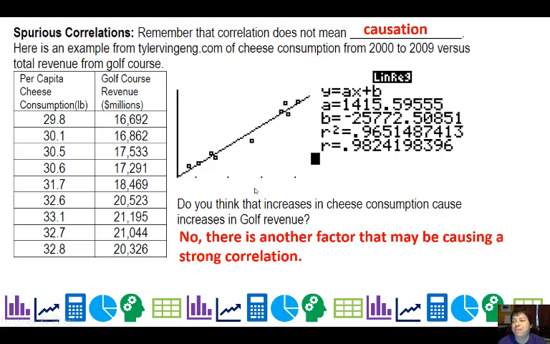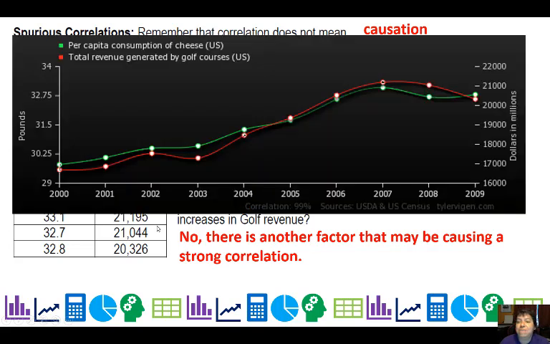No, there is another factor, a lurking variable that might be causing a strong correlation. And in fact, the lurking variable in our case is time. You could think that, okay, it's just over time things are growing. Maybe the economy's good, and you can see it's starting to take a dip. 2009 wasn't a good year.